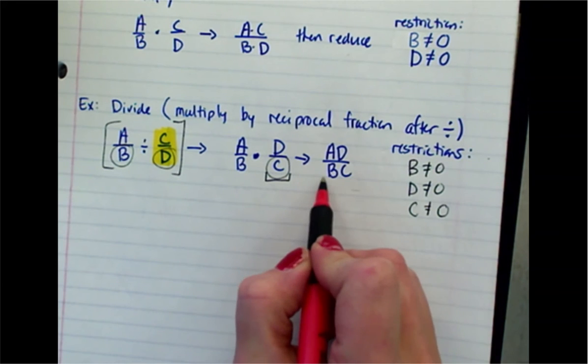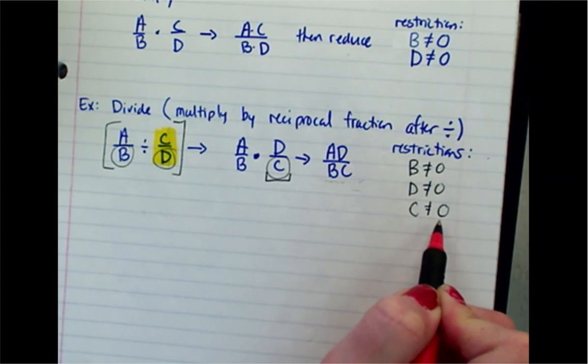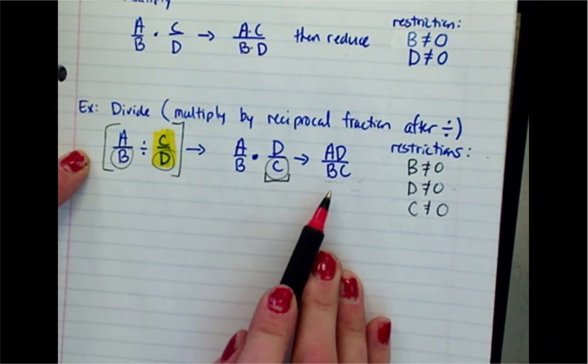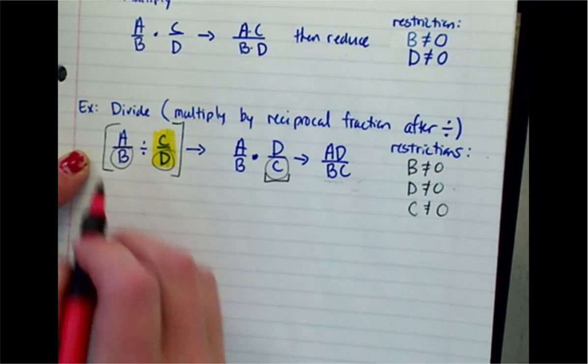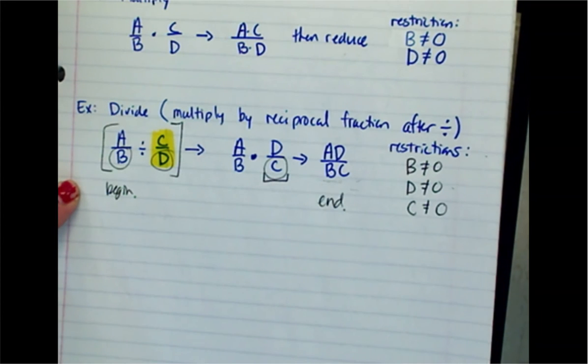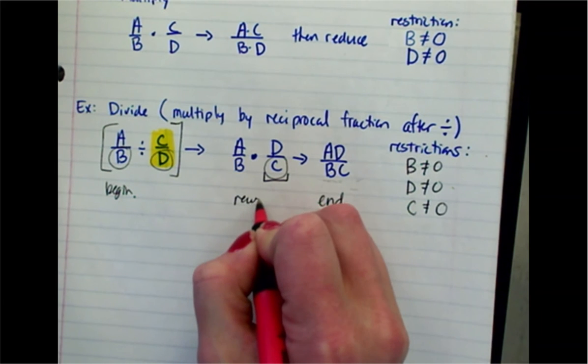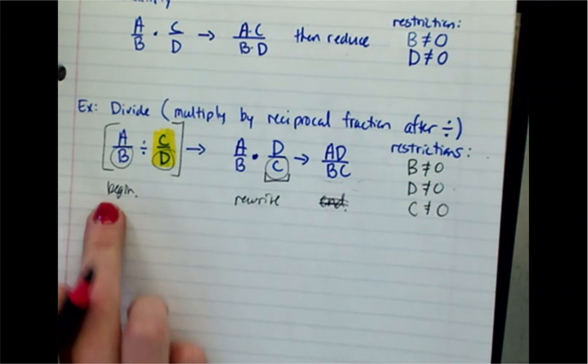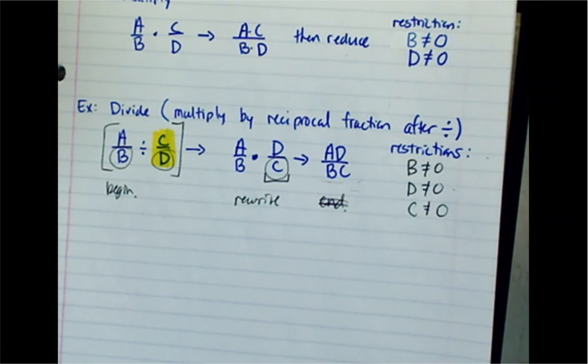Notice my final answer would just be B and C, but you would have missed D. You have to look at the beginning and you have to look at the ending result. Restrictions come from the beginning and the end. I would say that the beginning and the rewriting step are the best places to look, because remember, holes, common factors, you don't want to lose that restriction.